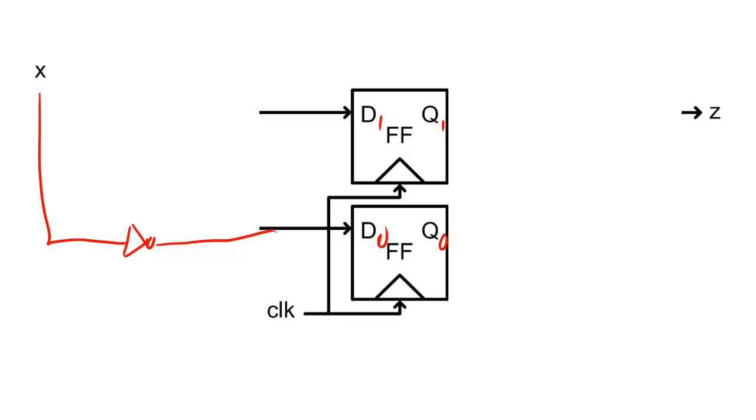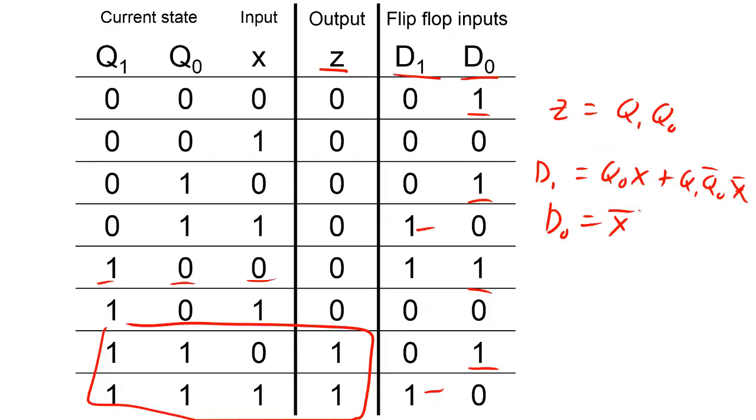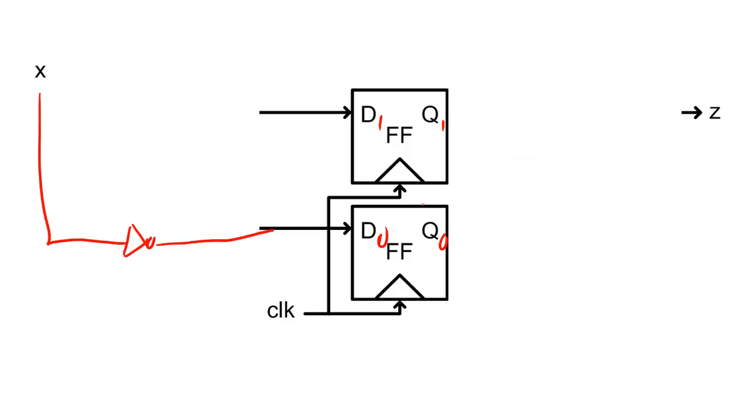And then D1, let's hop back, was Q0 X. So we are going to put X and Q0 into an AND, and then we had Q1, Q0 bar, X bar. So that's going to come up from here.